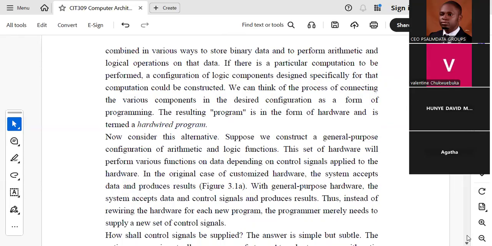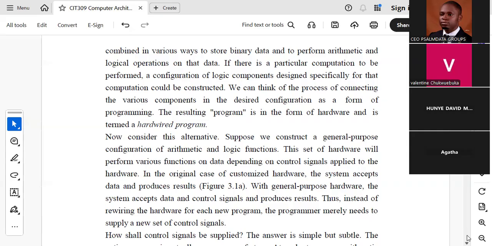If there is a particular computation to be performed, a configuration of logical components designed specifically for that computation would be constructed. We can think of the process of connecting the various components in the desired configuration as a form of programming. The resulting program is in the form of hardware and is called a hardwired program.